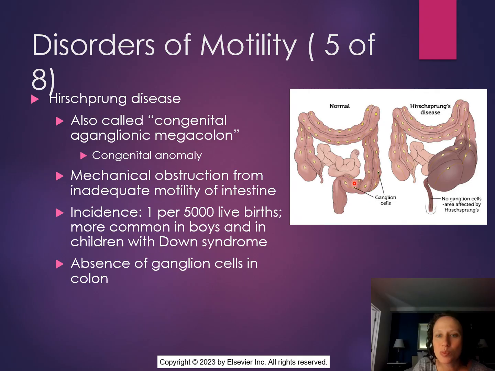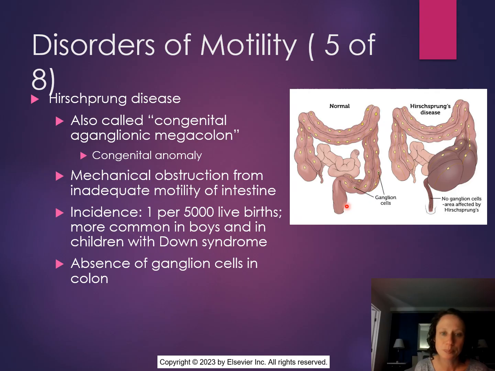So Hirschsprung's is where we have our ganglion cells. Normally, when our fecal matter is going down through our large intestine down to our rectum, our body is able to tell us that we have fecal matter that we need to evacuate from our rectum, right?